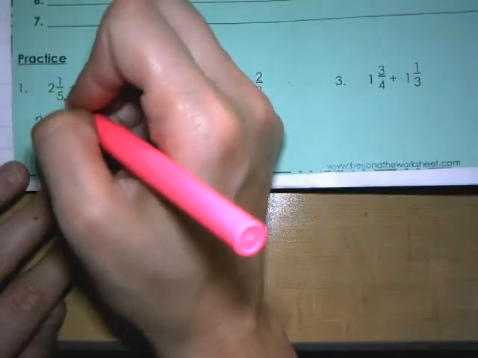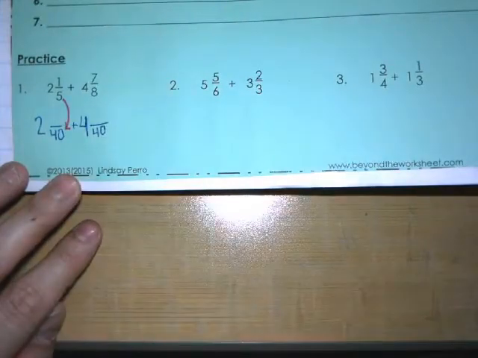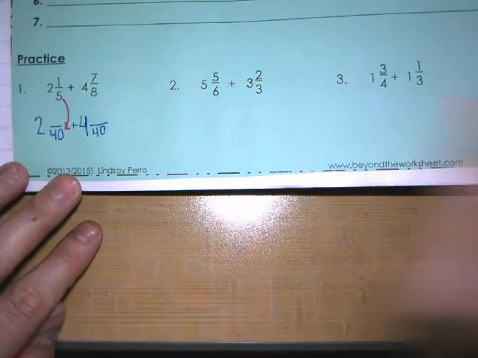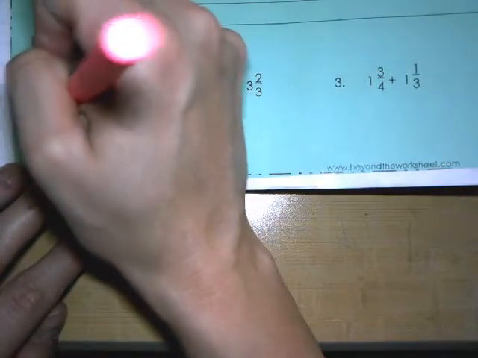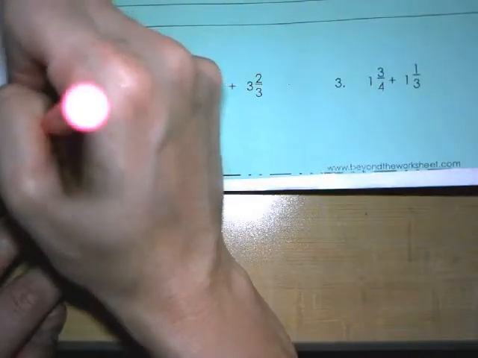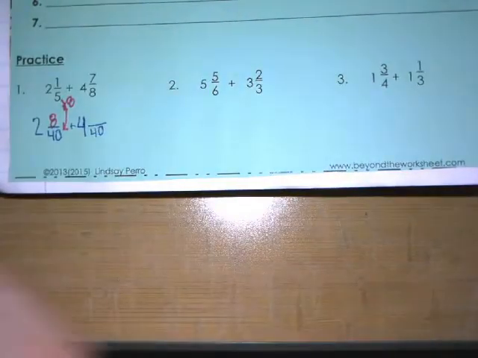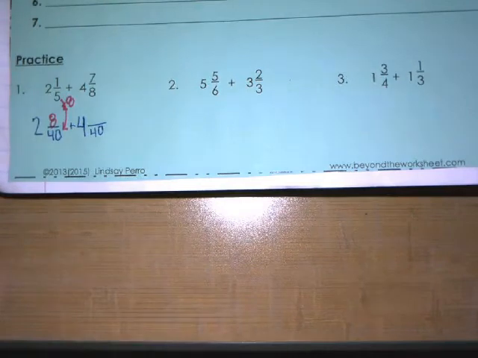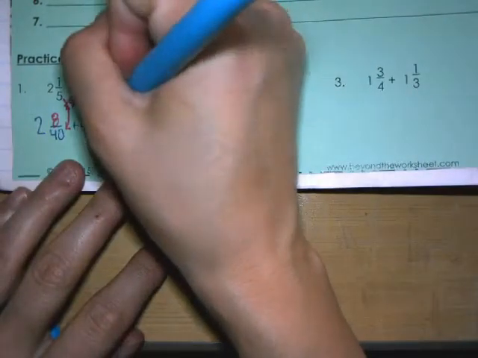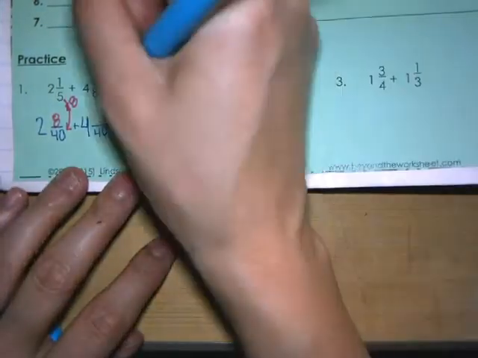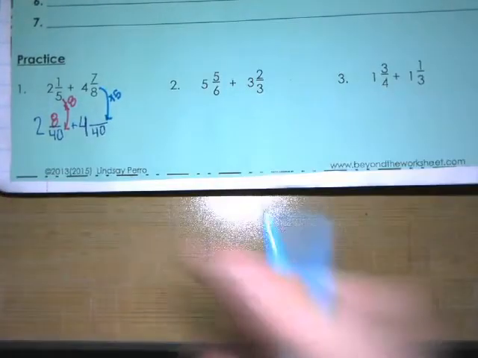So guys, how do I get from 5 to 40? So what's my numerator? How do I get from 8 to 40? Which means my numerator is?